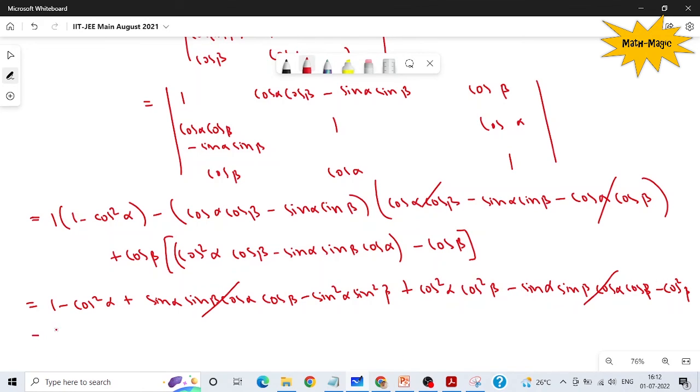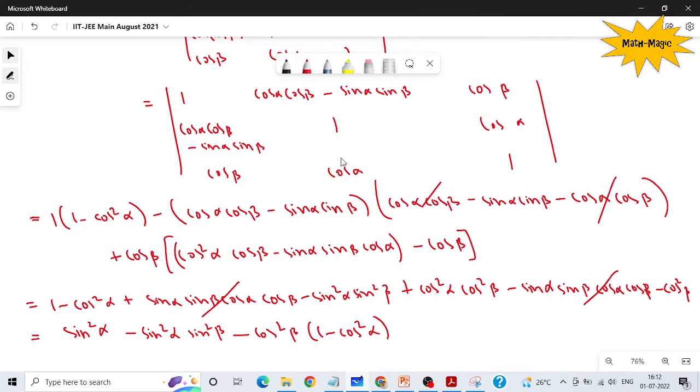What we are left with is 1 minus cos square alpha, which is sin square alpha, minus sin square alpha sin square beta, then plus cos square alpha cos square beta minus cos square beta, where we can take minus cos square beta common, so we are left with (1 minus cos square alpha).